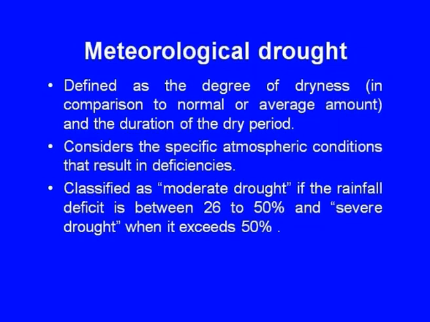It considers the specific atmospheric conditions that result in deficiencies. It can be classified as moderate drought if the rainfall deficit is between 26 to 50% and severe drought when it exceeds 50%.